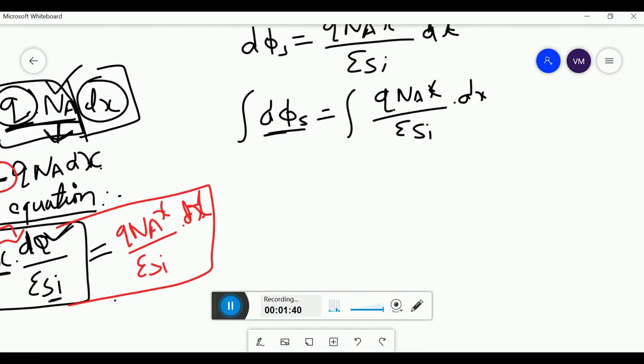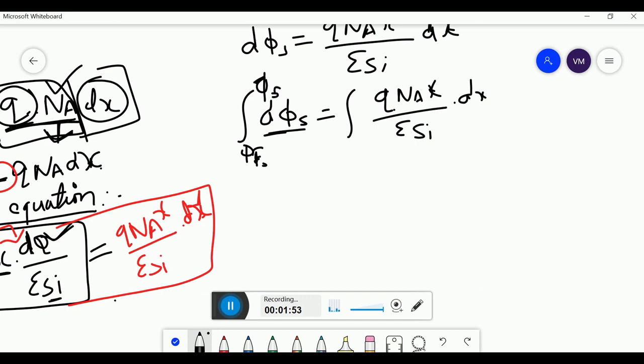Fine. So let's put that limit. We'll put the limit as phi f to phi s.